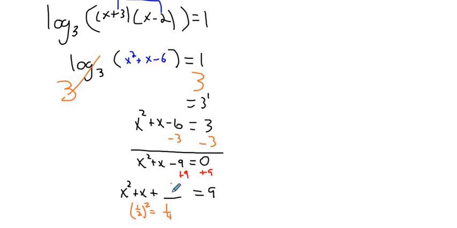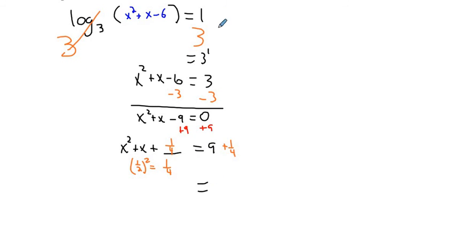So I'm going to put 1/4 here, and I'm going to add a fourth here. Okay. So to combine like terms here, I would need to turn the 9 into a fourth, which would be 36 fourths. So this comes out to 36 fourths plus 1 fourth, which is 37 fourths.